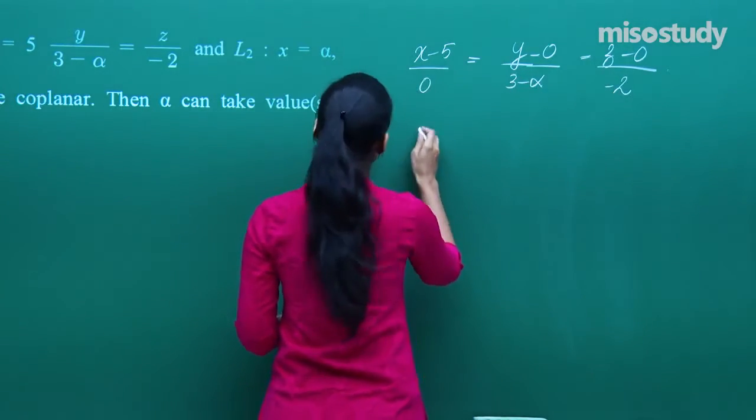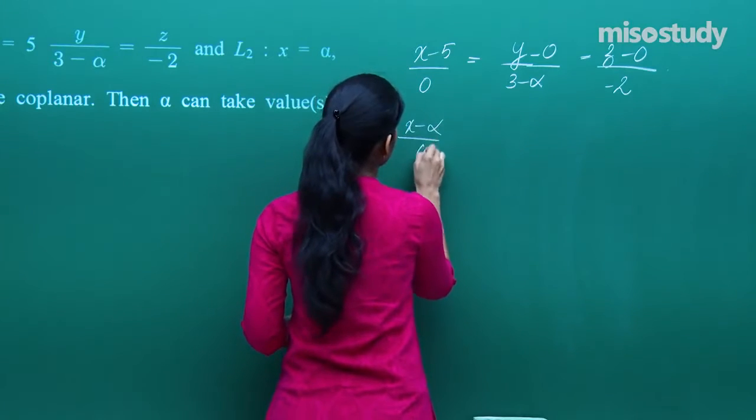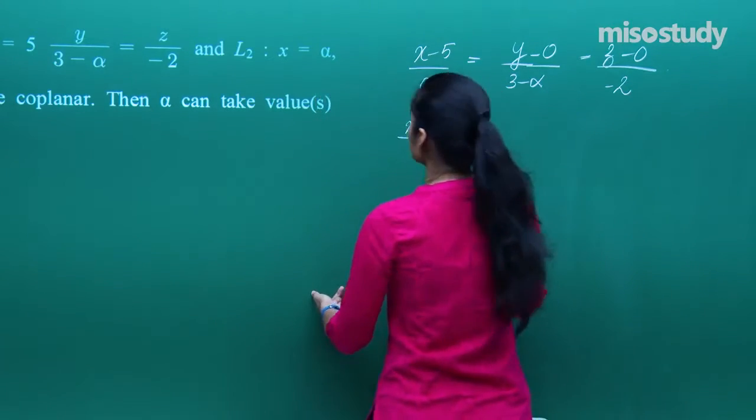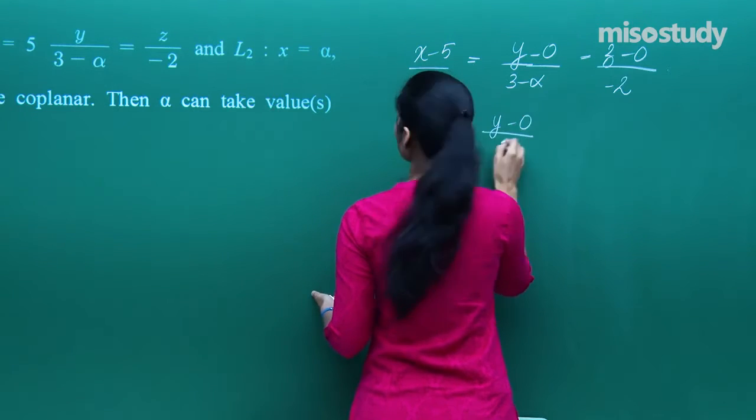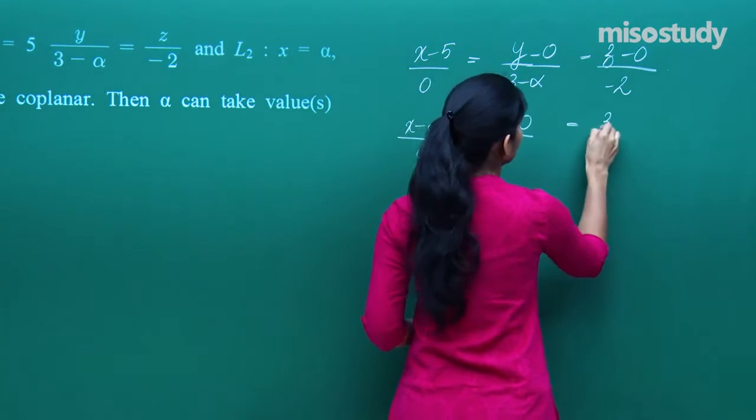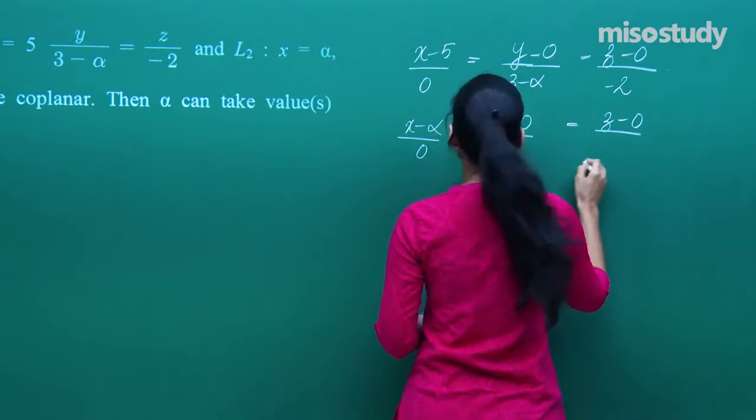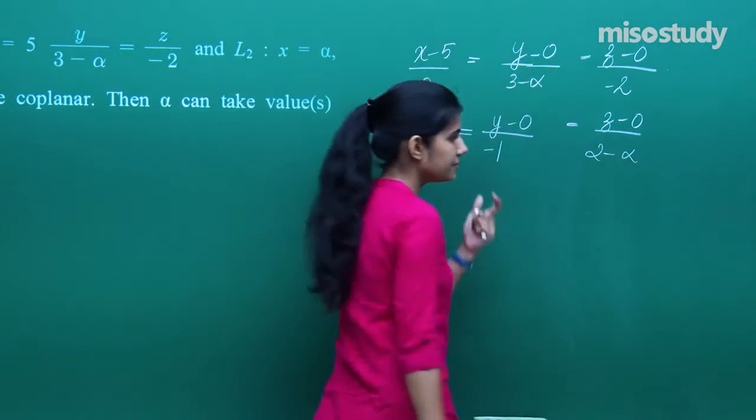Then you have (x minus alpha) upon 0 equals (y minus 0) upon minus 1 equals (z minus 0) upon (2 minus alpha).